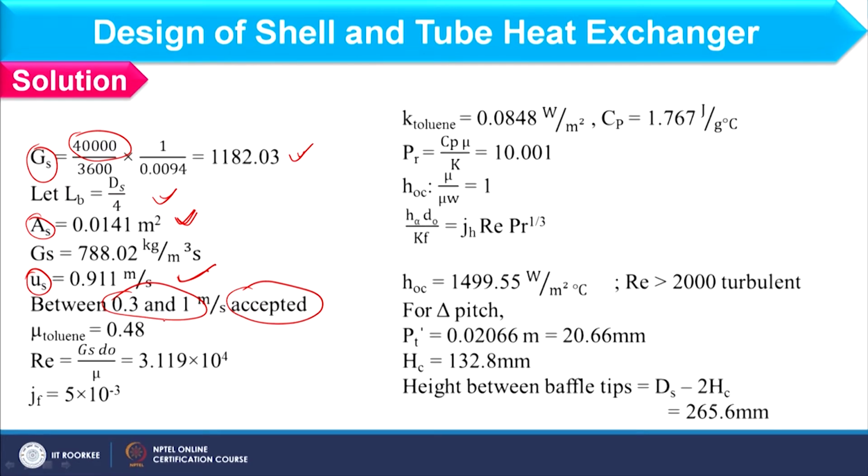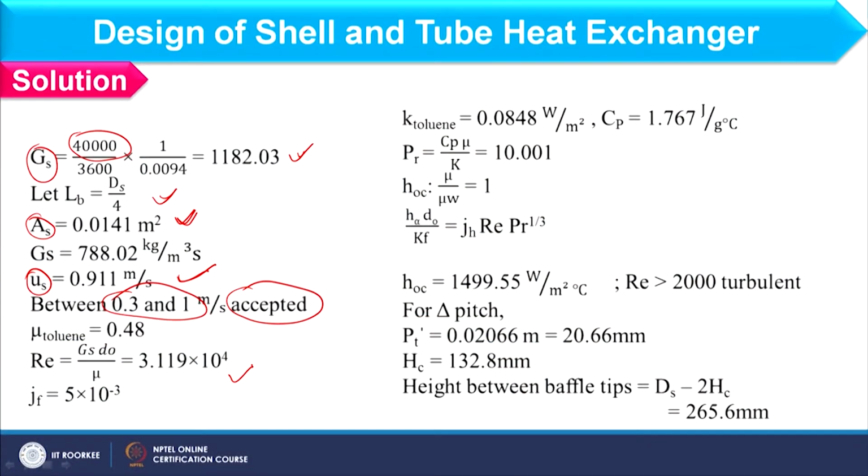As far as viscosity of toluene is concerned, that will be used to find out Reynolds number. Viscosity of toluene, water, all these we have already seen in the first lecture of 4th week, so we can simply use these values instead of collecting the properties again.